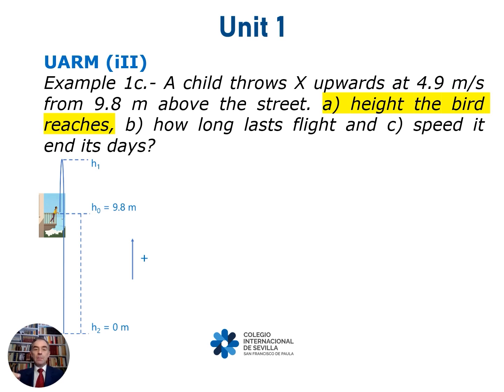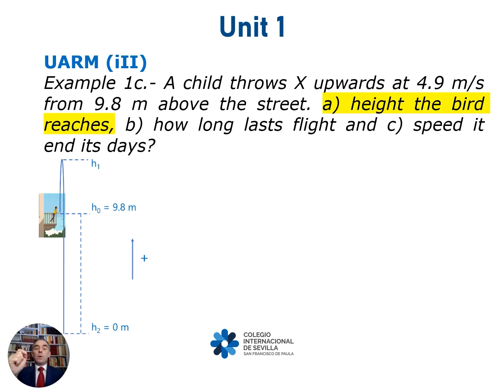This scheme contains all the basic information we know from the problem: the initial height, an unknown further height, and the final position, which is the street 0, and the positive sense that we have chosen. As we may well imagine, the maximum height is the point where the bird stops, because if it didn't stop, it would keep going up. Therefore, at that point, the speed equals 0.